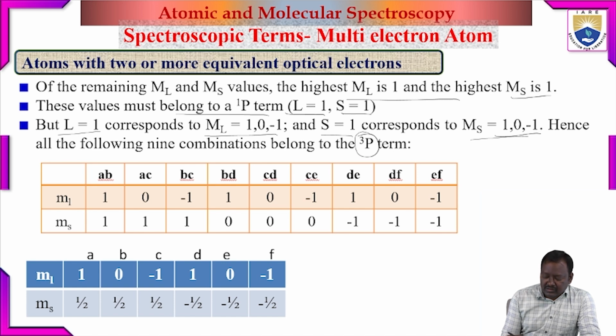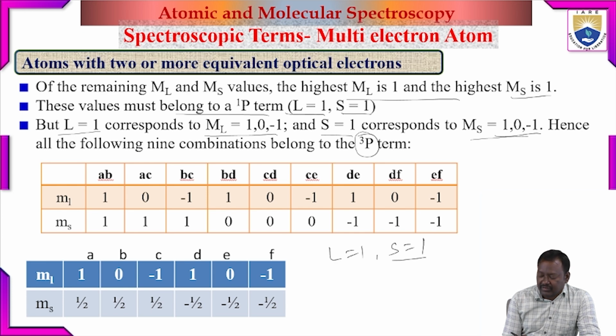Okay, so these are the possible combinations having those ML and MS values: 1, 0, minus 1 for ML values, and 1, 0, minus 1 for MS values. So here L equal to 1 and S equal to 1 for these states.